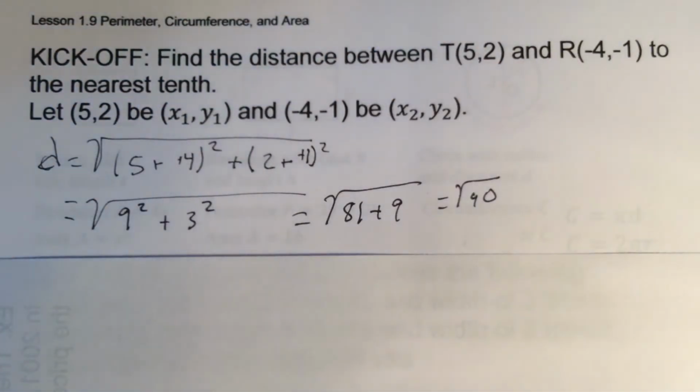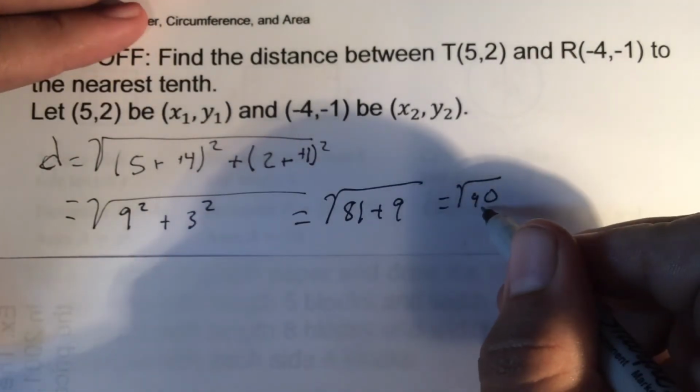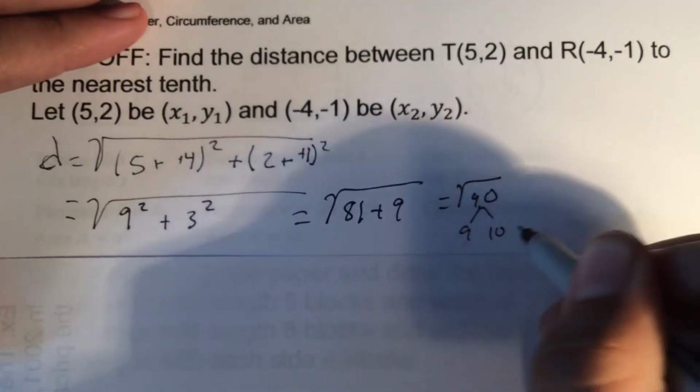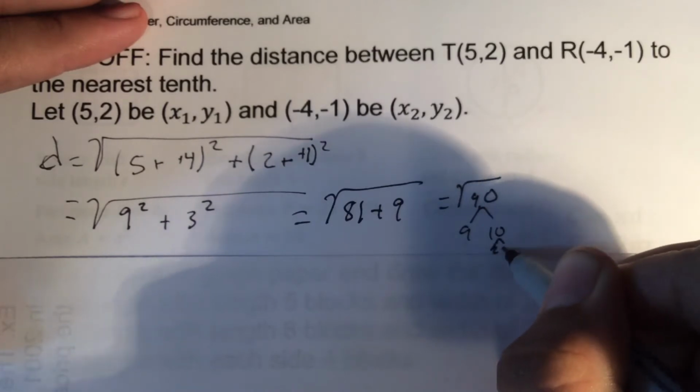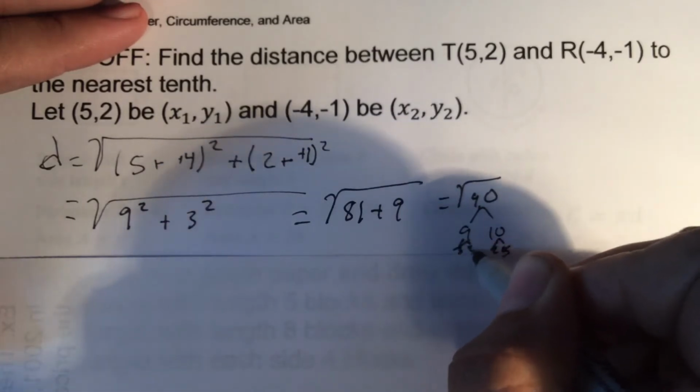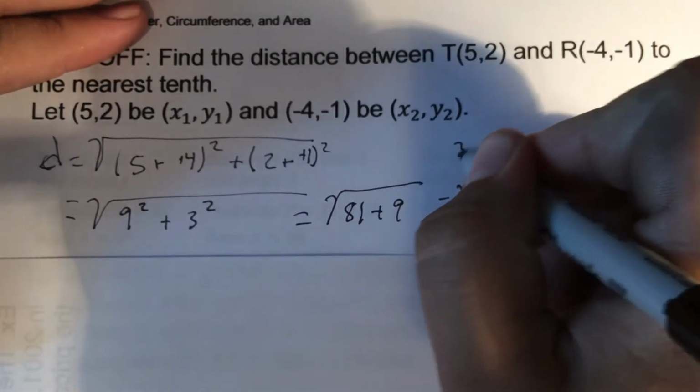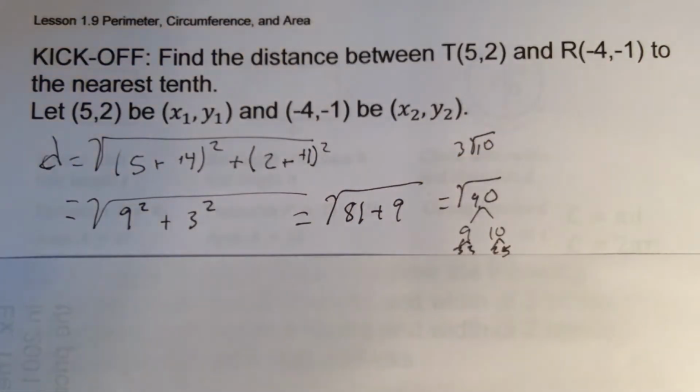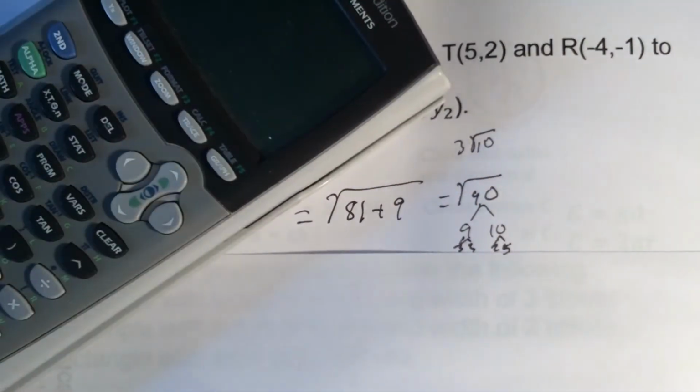Now, if it said write in simplest radical form, that's where we would do the factor tree and do 9 and 10, which 10 goes to 2 and 5, 9 goes to 3 and 3. So we would write this as 3 square roots of 10. However, it says nearest tenth. So grab a calculator.